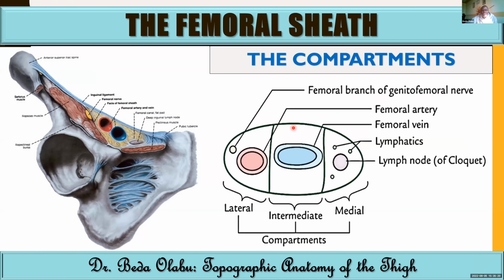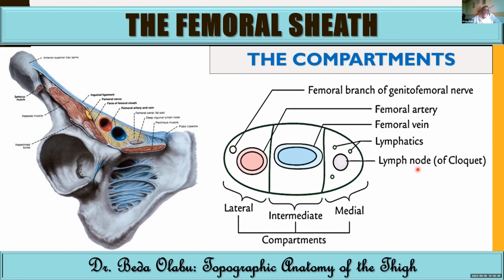So you see, this is a cross-section through the femoral sheath, lateral compartment, femoral artery, and femoral branch of genitofemoral nerve. The middle compartment, femoral vein, is the intermediate compartment. Then the medial compartment has loose connective tissue, but basically containing lymphatics with the node of Cloquet.